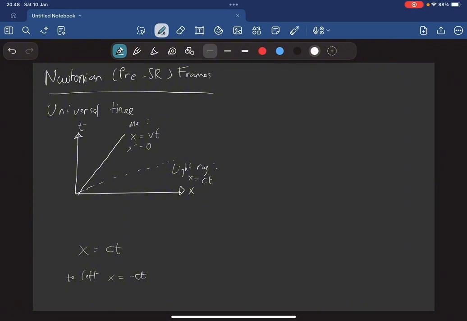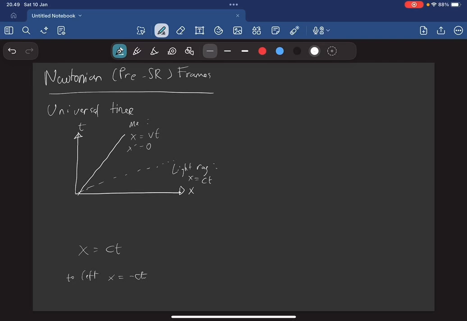Now, my frame is moving along the x-axis relative to your frame with uniform velocity v. The velocity could be positive, in which case I would be moving to your right; negative, in which case I would be moving to your left; or zero, in which case we are at rest relative to each other.